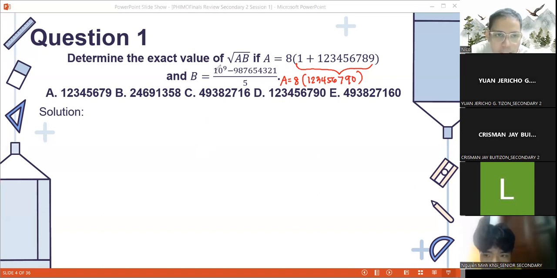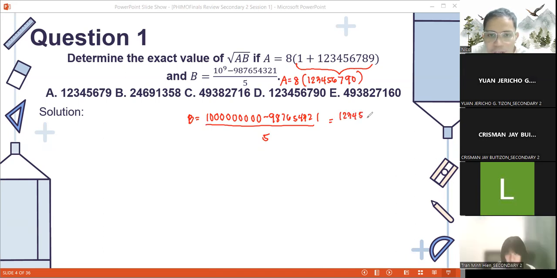While for B, this is 10 raised to 9, which is 1,000,000,000, minus 987,654,321, over 5. So subtract the two numbers. In return, you will get 12,345,679 over 5. So far, it's still basic addition, right?